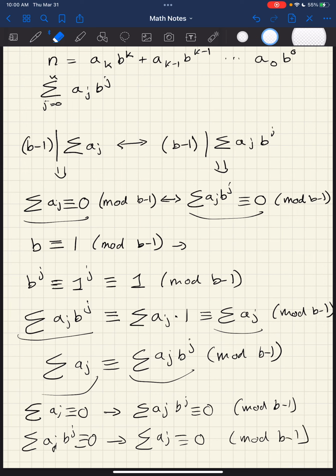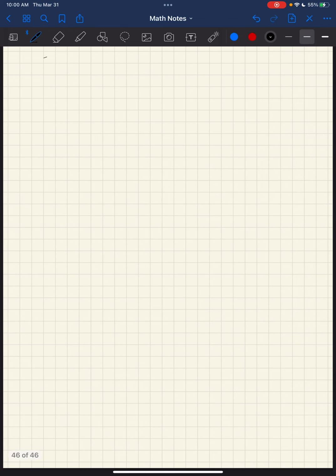And so we proved the implication both ways. So that means we can say that the sum of the digits is congruent to 0 if and only if the number is congruent to 0 in mod b minus 1.